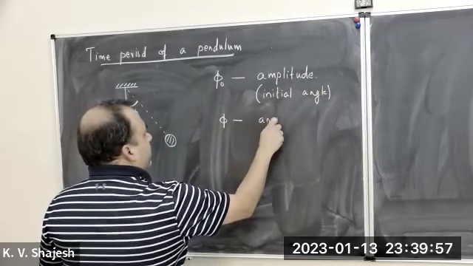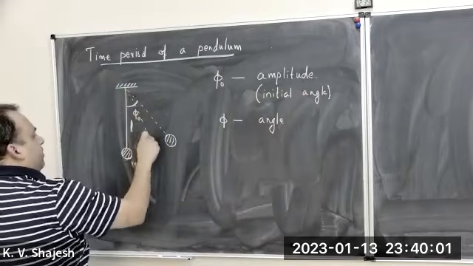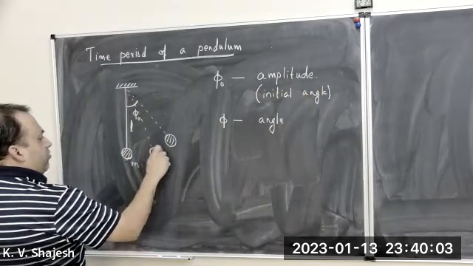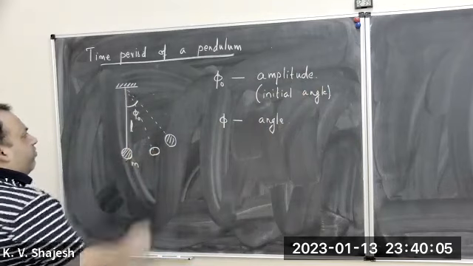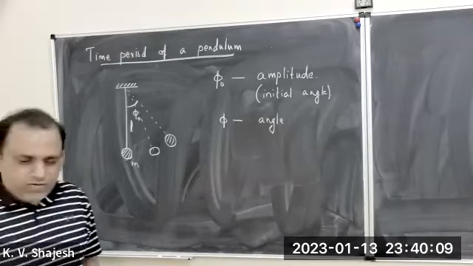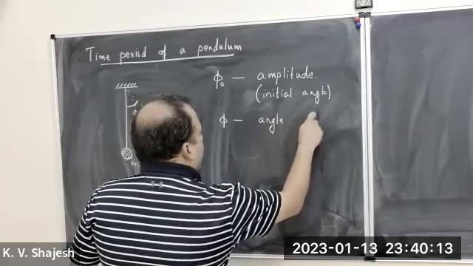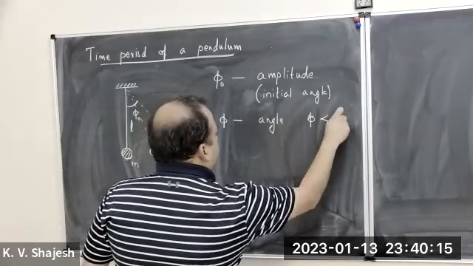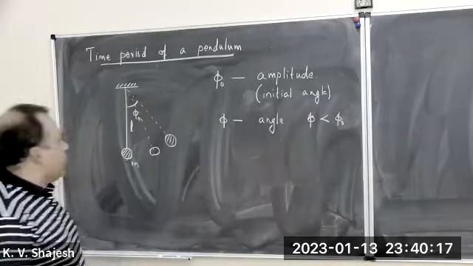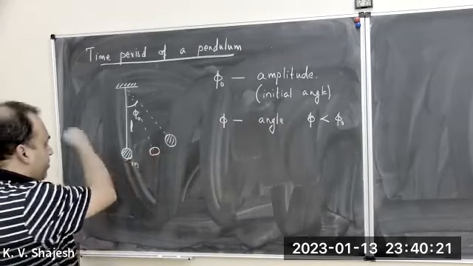When the mass is somewhere here, once you release it, that's the angle phi. Any other angle other than the initial angle will always be less than that initial angle. So phi is always less than phi naught. That's what we would like to talk about.